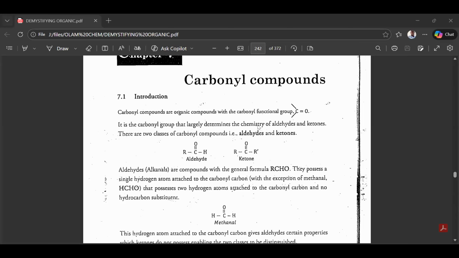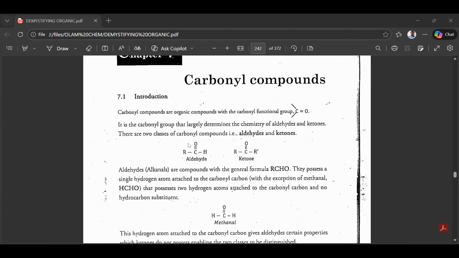But they differ in that aldehydes have a hydrogen atom attached to the carbonyl carbon, but ketones lack a hydrogen atom attached to the carbonyl carbon. When you come down here, where we have these two structures, the first one is an aldehyde. The second one is a ketone.